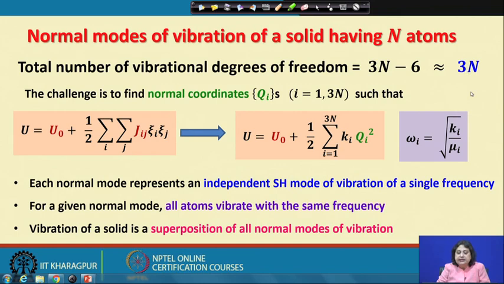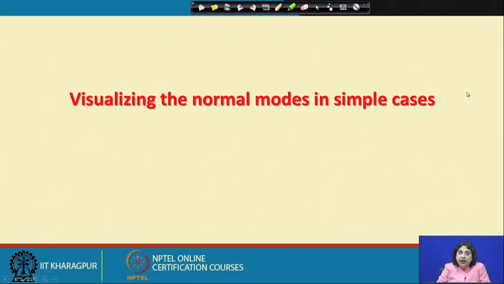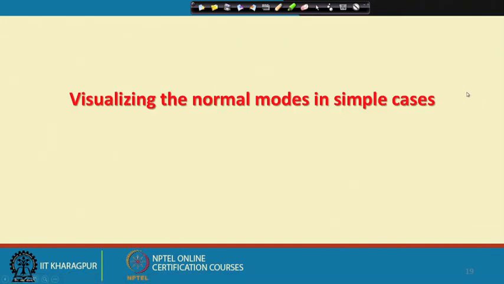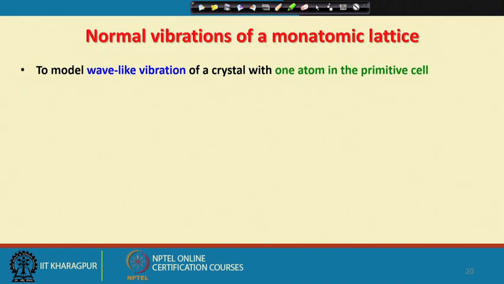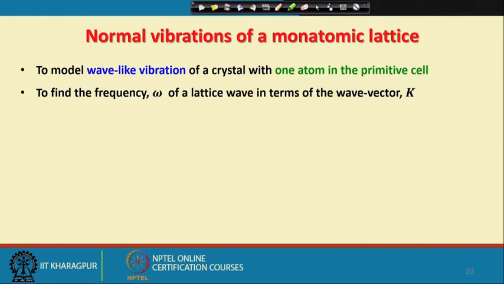And now, if I want to visualize the normal modes in simple real cases, let us take up the normal vibrations in a monatomic solid, where let us try to think about the wave-like vibrations of a crystal that has only one atom in the primitive cell.